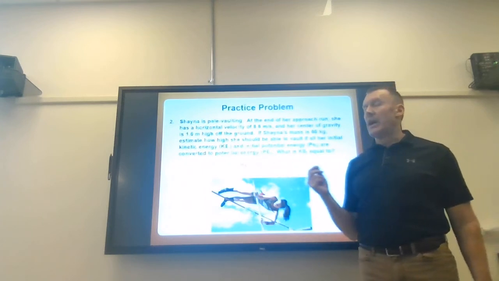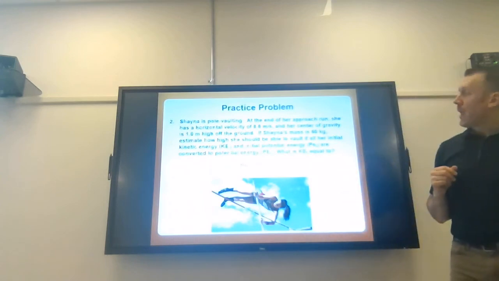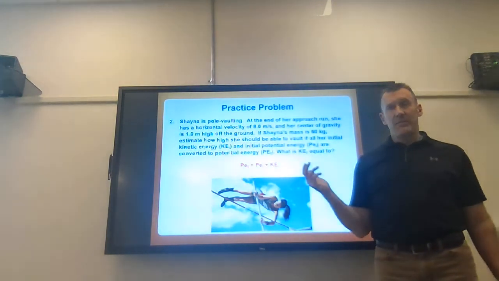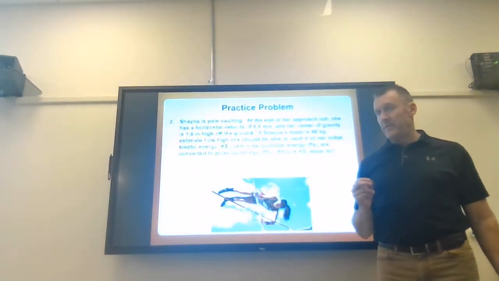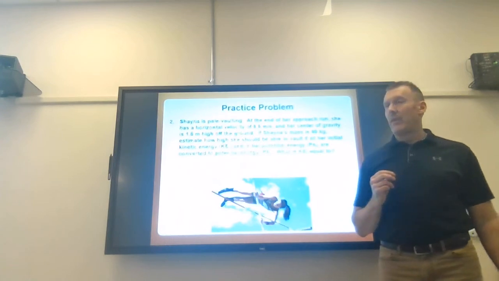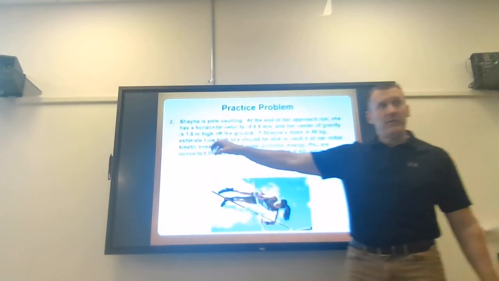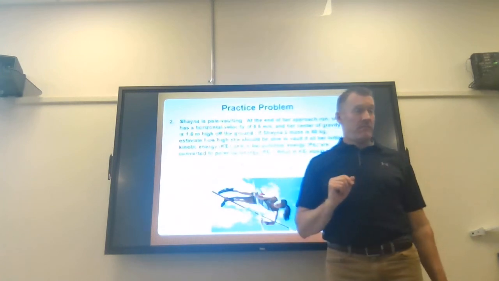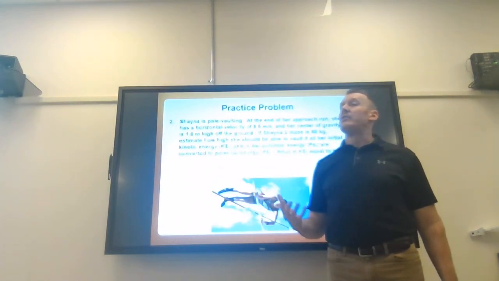How high above the ground? So PEI is going to be 60 multiplied by 9.81 multiplied by its initial height, so it's going to be 1 meter. That's the initial height of her center of gravity.